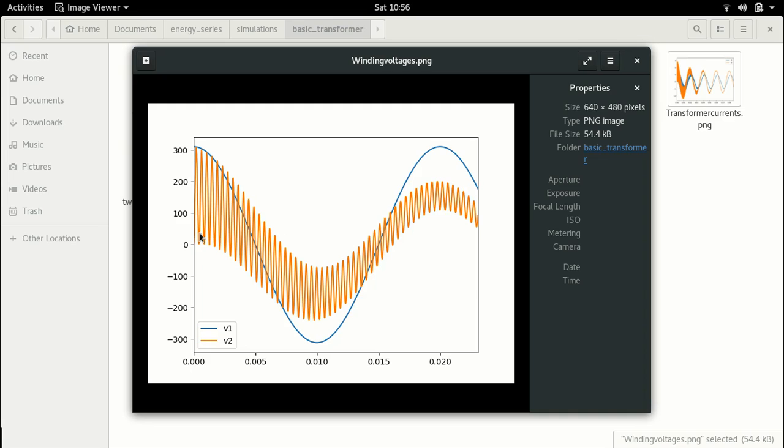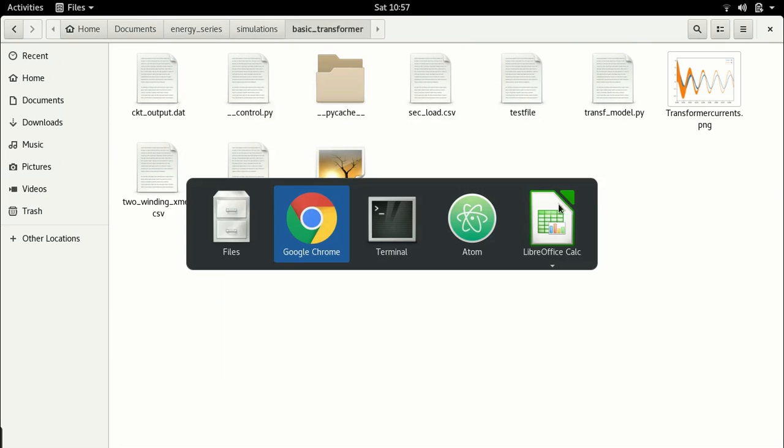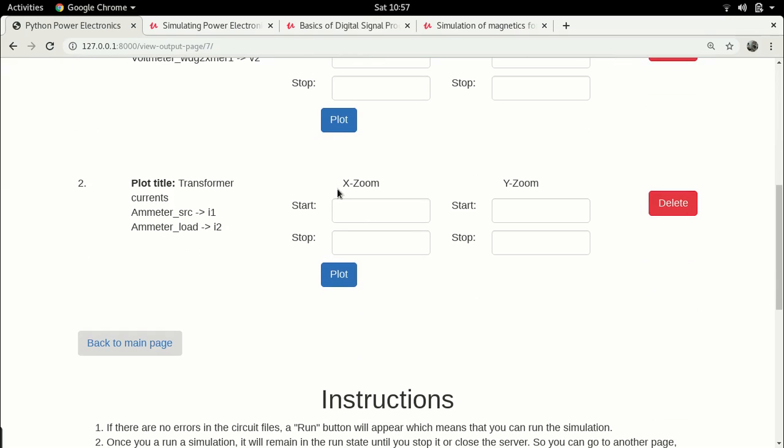And if the current starts at 0, the flux linkage also starts at 0. This implies that you will have a DC offset. Now, because we have a cosinusoid, by sheer luck, we do not have a DC offset because our integration is such that it starts at 0, right? So this is a special case. So let me go back and run a few more cycles of both the voltage and the current.